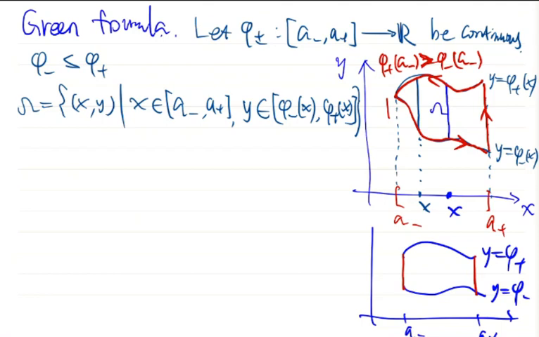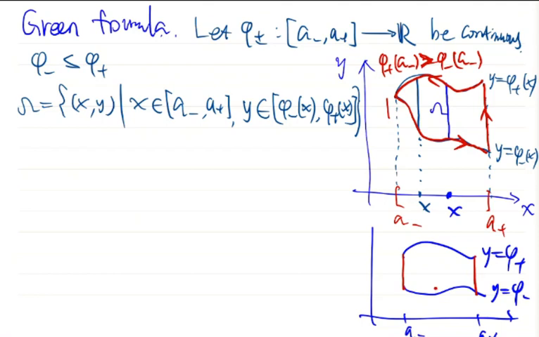And this is the domain that we mentioned when we proved the generalized Fubini theorem. Okay, so the boundary consists of 4 or 3 or even only 2 parts. In the picture below, the boundary consists of 2 curves and 2 segments.